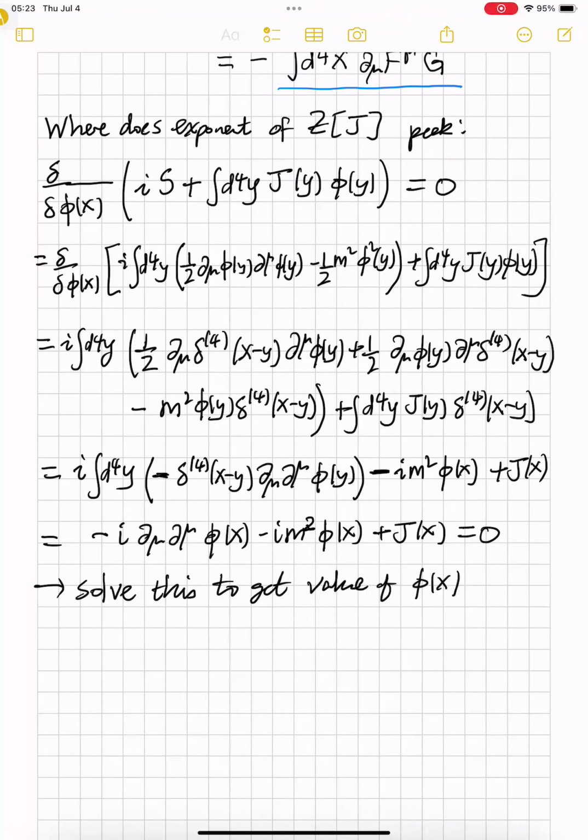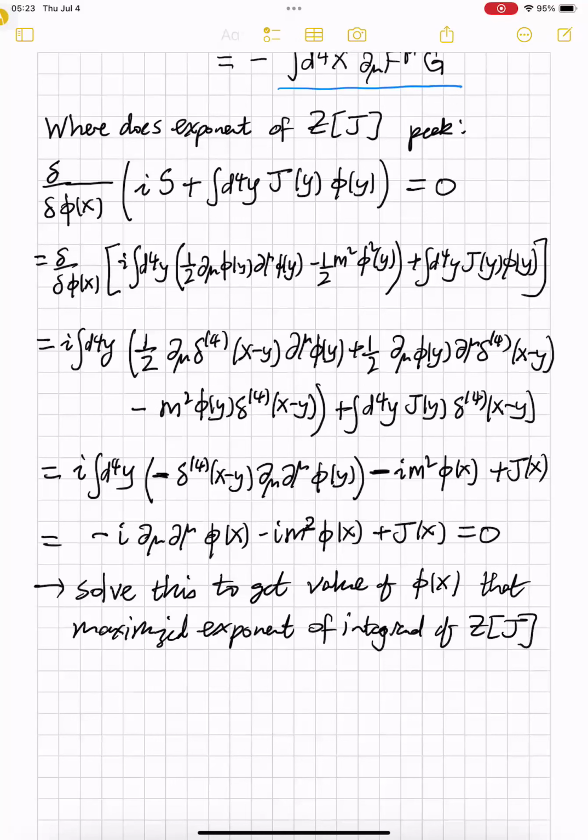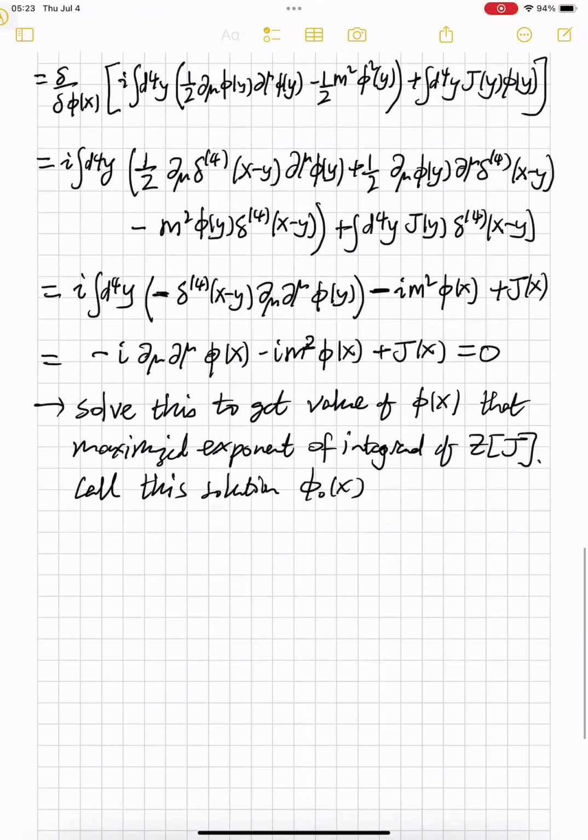So you're solving for φ(x) that maximizes the exponent of the integrand of Z[j]. And this is just like what we did in the 1D problem. We maximized the exponent, and then that told us how much we should shift by. So call this solution φ₀(x). So φ₀(x) will solve this equation.